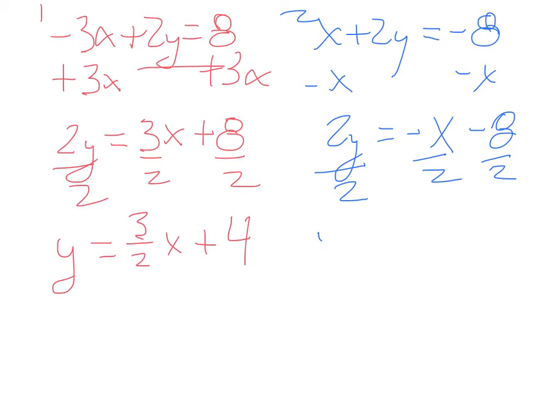And I have y equals negative 1/2 x minus 4. So there are my two equations in slope-intercept form. Let's see what they look like from a graphing perspective. Let me get a graph, and we'll go grab a graph.